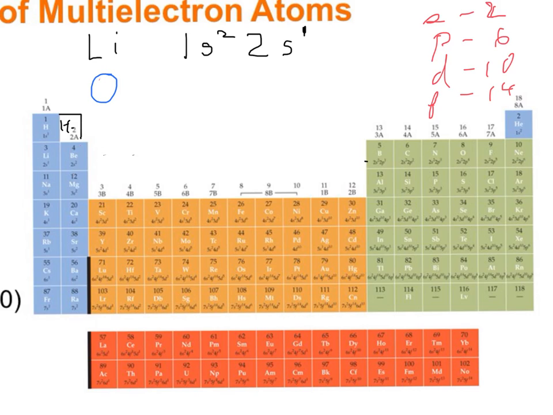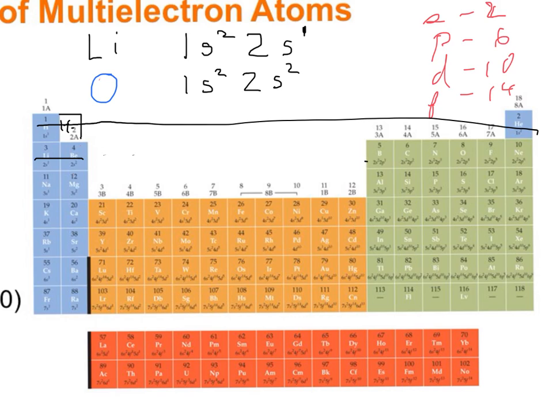We read through the first row, the 1s, completely filled. Then the 2s, completely filled. Then we're into the 2p, because we're in the second row, p block. How many into the p block is oxygen? 1, 2, 3, 4. Oxygen is the 4th element in that p block, so it has 4 electrons in the 2p.